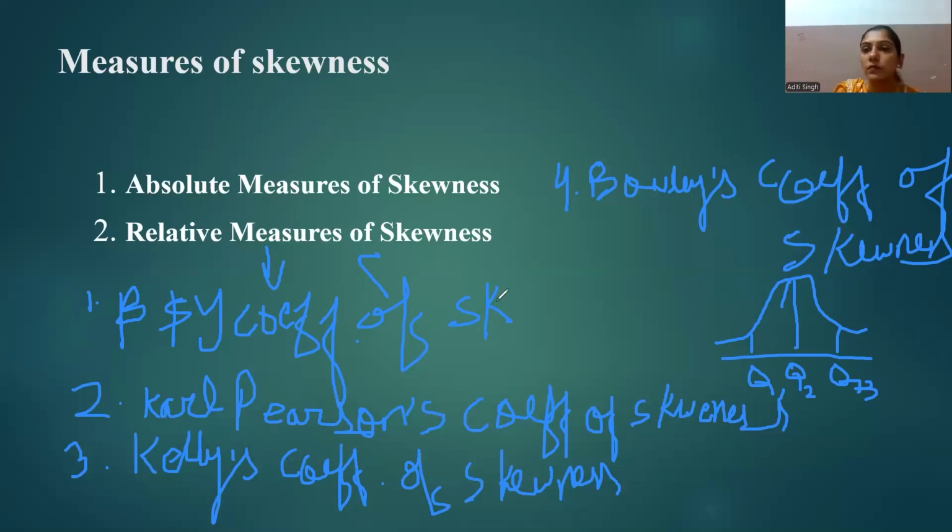Okay, so as we have already discussed quartiles, percentiles and deciles, let's understand with this quartile. Q1, Q2 and Q3: the distance of this and the distance of this should be equal. Then there is no asymmetry. Okay, if there is an equal distance of Q1 and Q3 from the median, then there is no asymmetry. Okay.